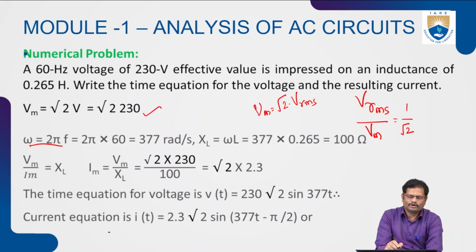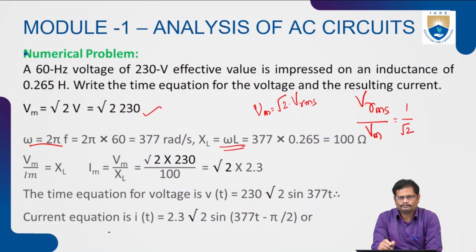Now in this problem we need to calculate the XL value. XL equal to 2 pi f or omega L. Omega is already calculated, that is 377, into the L value, which is given as 0.265. After substituting, the XL value is 100 ohms.